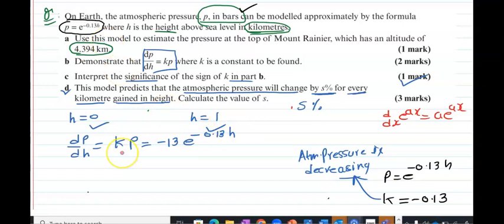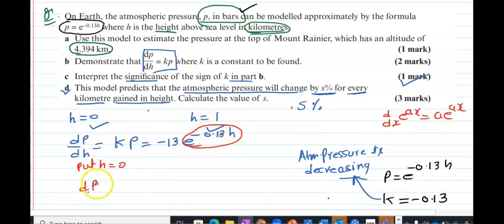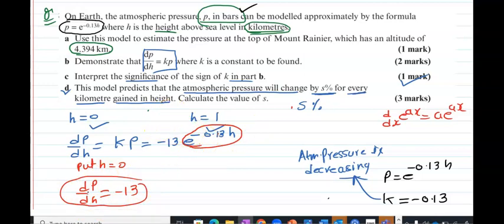Okay, how much are you getting? Yeah, so h equal to 0, then this whole thing will be 0 and e to the power 0 is 1. So you are getting dp over dh equal to minus 13. Is that okay?